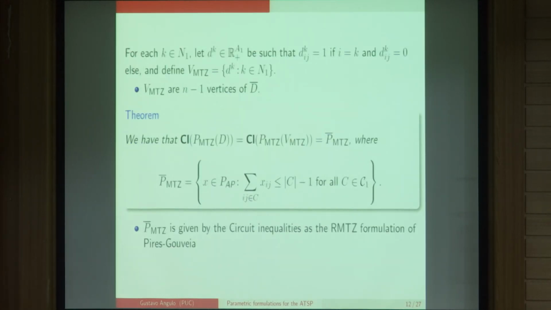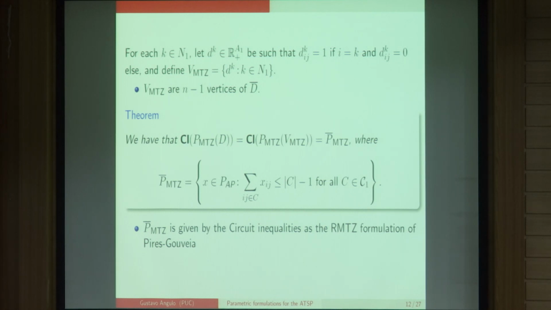Okay, so I just said a few minutes ago that the set D bar is kind of a complicated set because it has an exponential number of constraints which are hard to separate, and the vertices are likely to be hard to characterize.